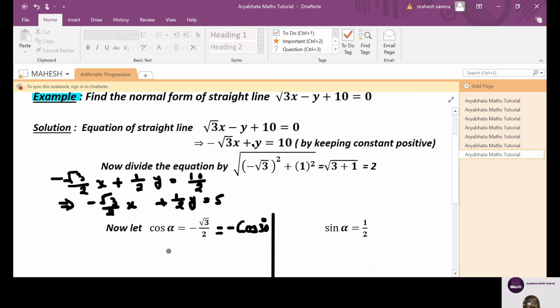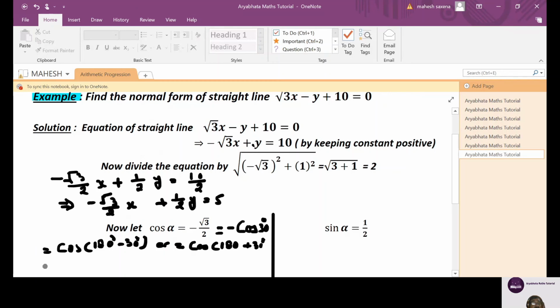Since cos is negative always in the second quadrant or in the third quadrant, it can be represented as cos of 180 degree minus 30 degree, or cos of 180 degree plus 30 degree.